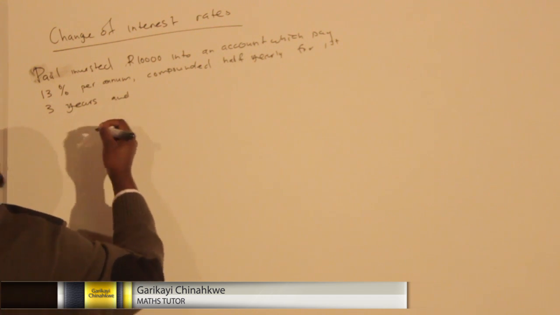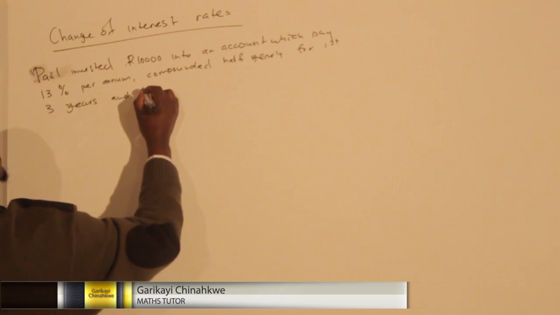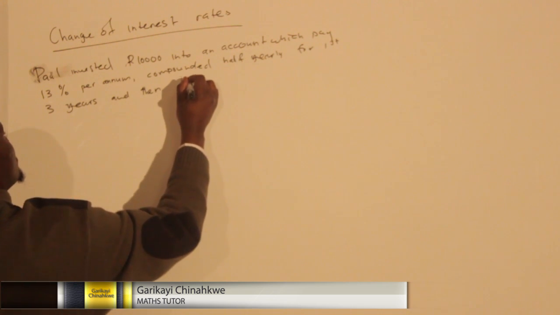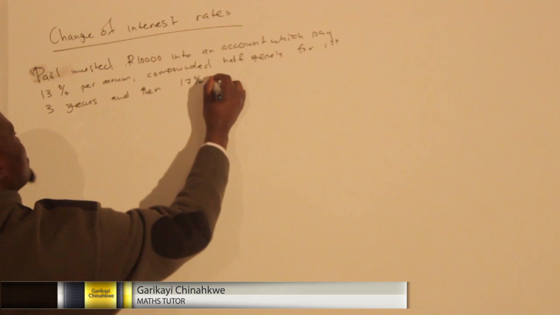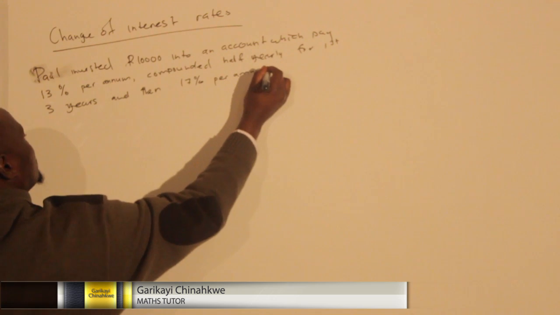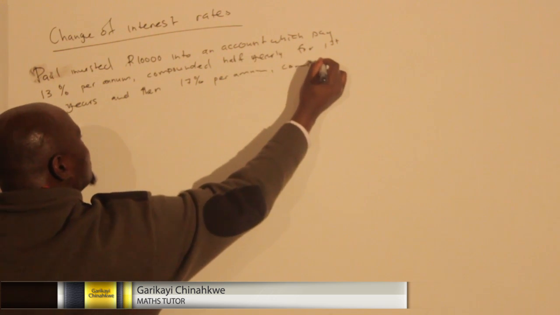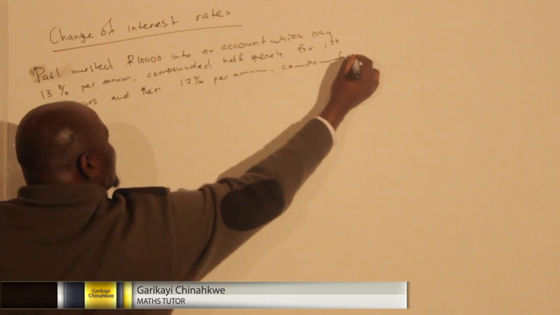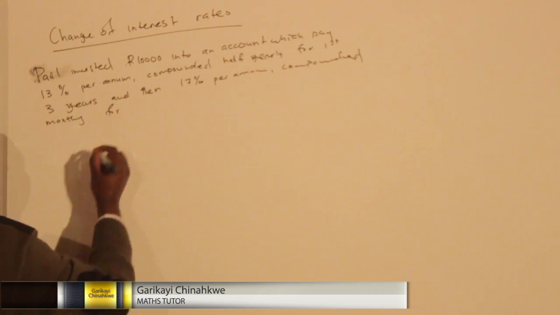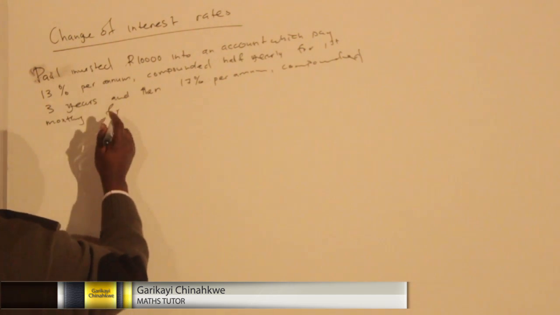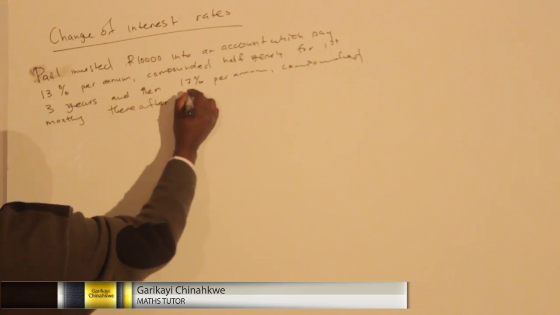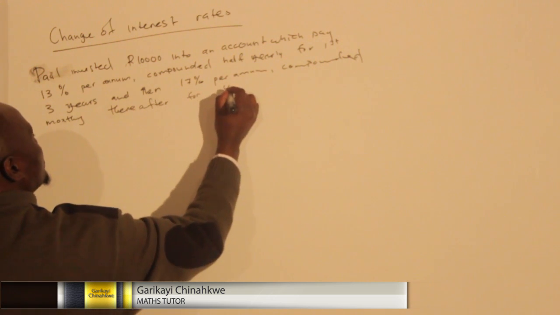and then 16 or 17% per annum, compounded monthly thereafter for 4 years.